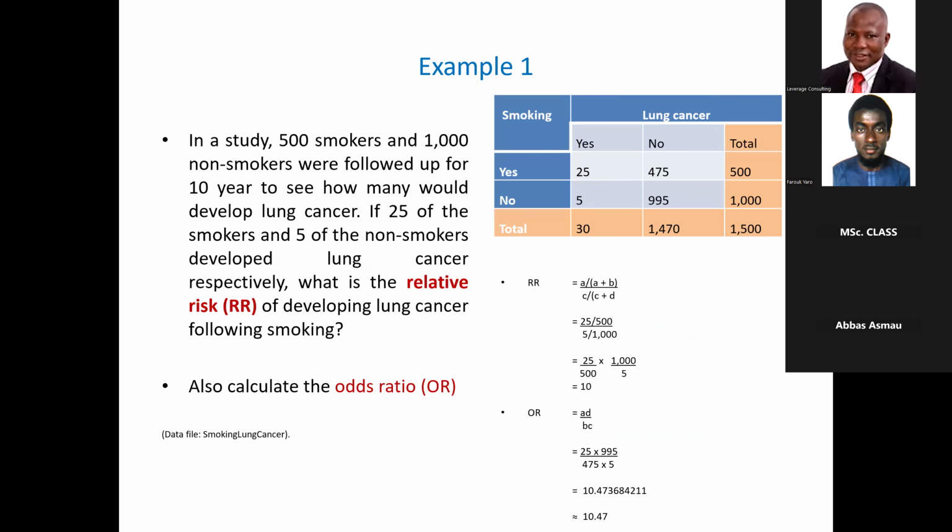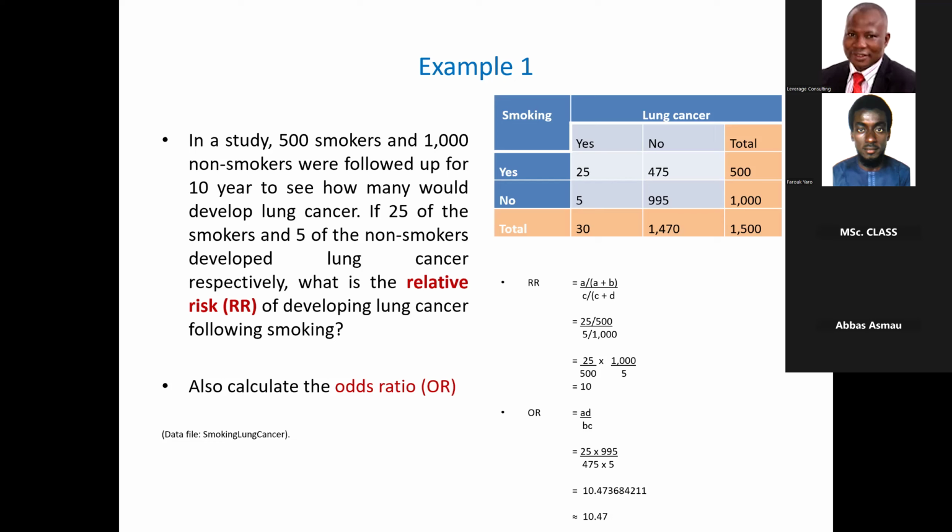In this one, where the burden of disease is smaller, the relative risk is 10 and the odds ratio is 10.47. Which one has the closer value? This one, because it is just 10 and 10.47, and because the disease is rare here.